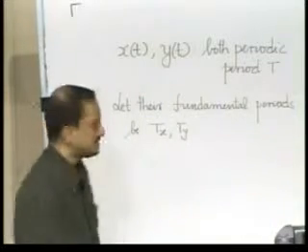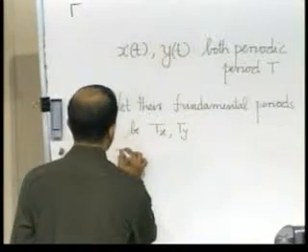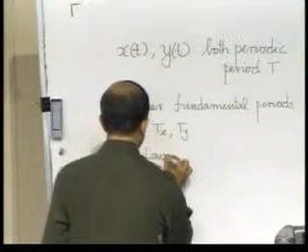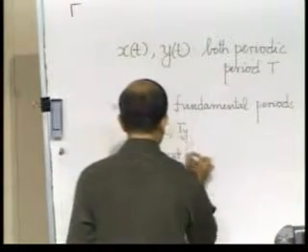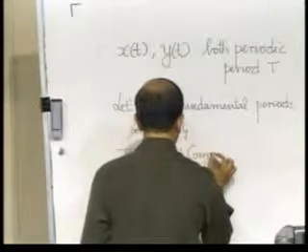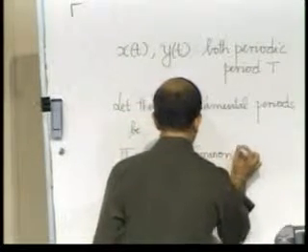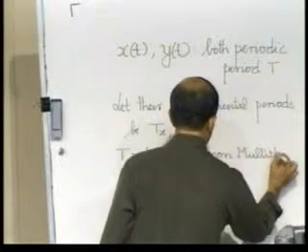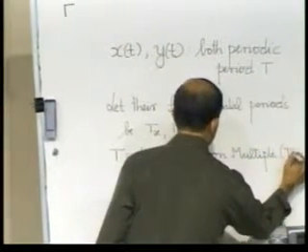Then T is the lowest common multiple of Tx and Ty.